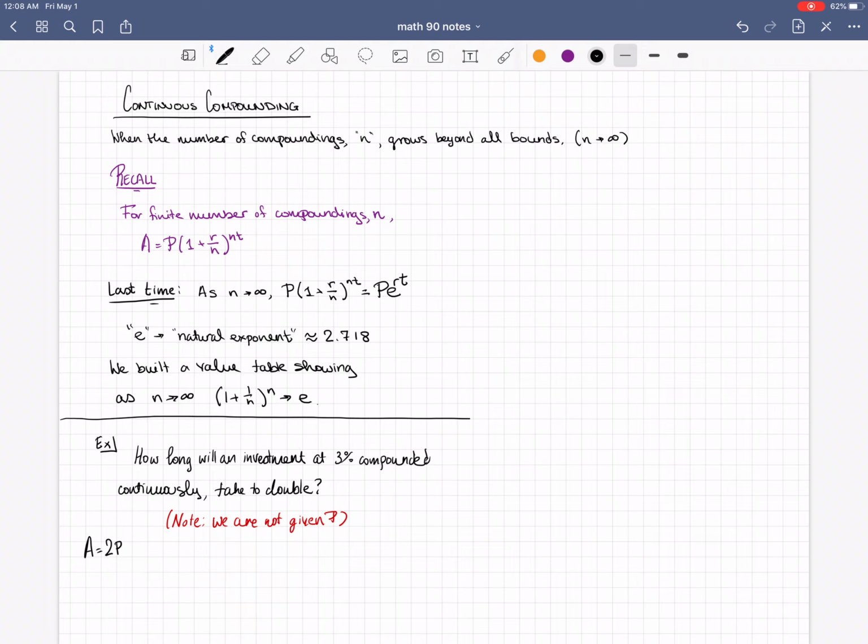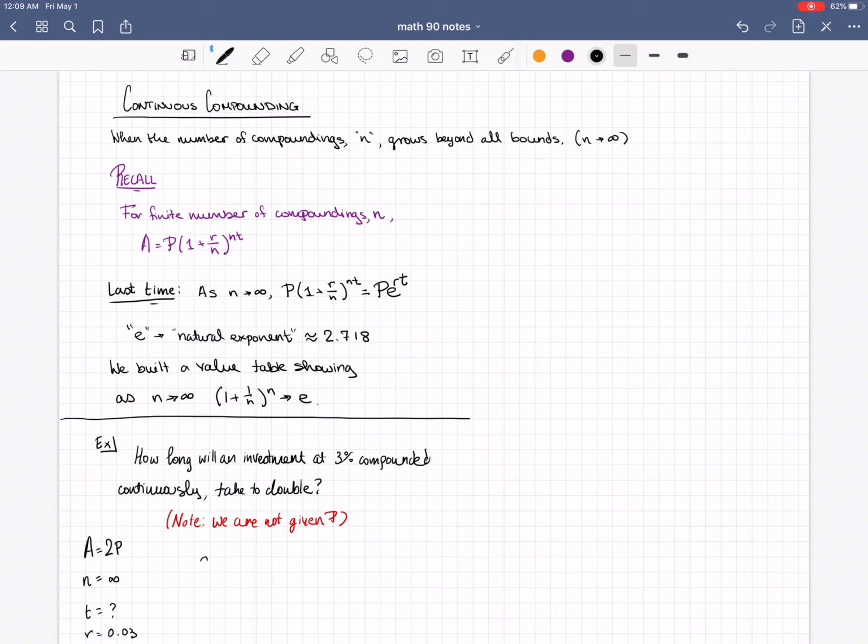We want our investment to double. I guess n is infinite. That's kind of a goofy thing to say. We don't know t. And r is given to us as 3%, so we will write it as 0.03.